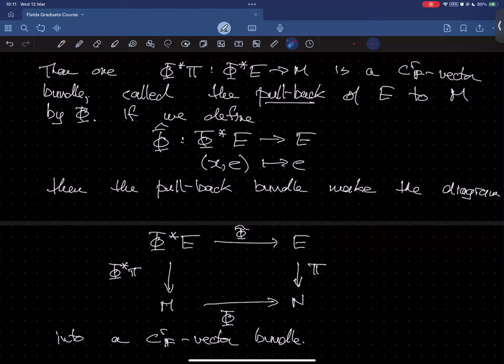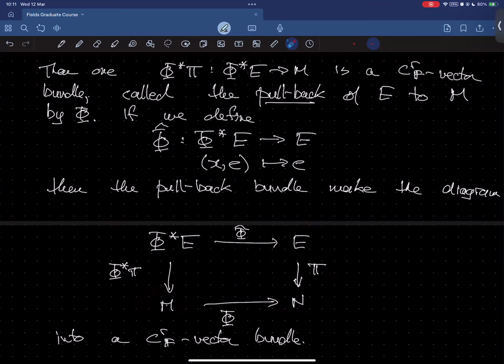All right. And to verify that this thing is a vector bundle, you have to do the thing that you do to verify that something is a vector bundle. You have to construct a vector bundle atlas. And how are you going to do it? Well, you're going to do it by taking an atlas for M, a vector bundle atlas for E, right?